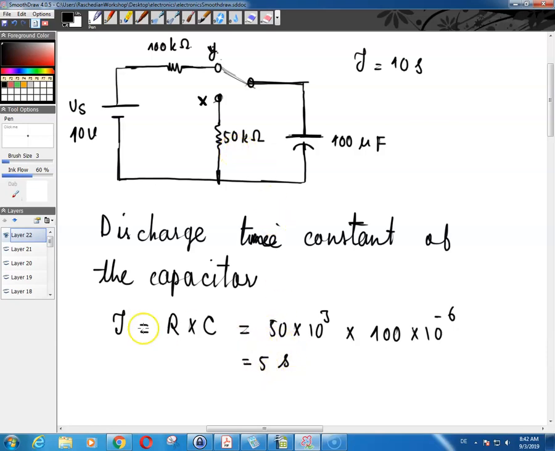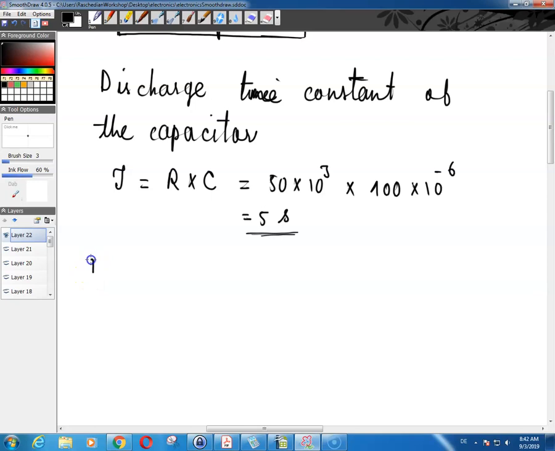So since now your time constant becomes 5 seconds, in the first example it took our capacitor 5 time constants to charge fully. In the first part, we said that to fully charge the capacitor, you need 5 time constants.